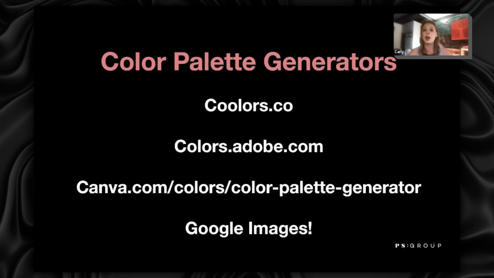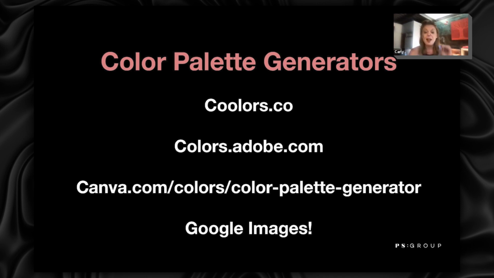Now, here are the color generators that are really helpful. Coolors.co. Adobe has a generator. They also have trending palettes for inspiration. You also can use Google Images. Just Google summer feel palette and you'll get all different ideas.